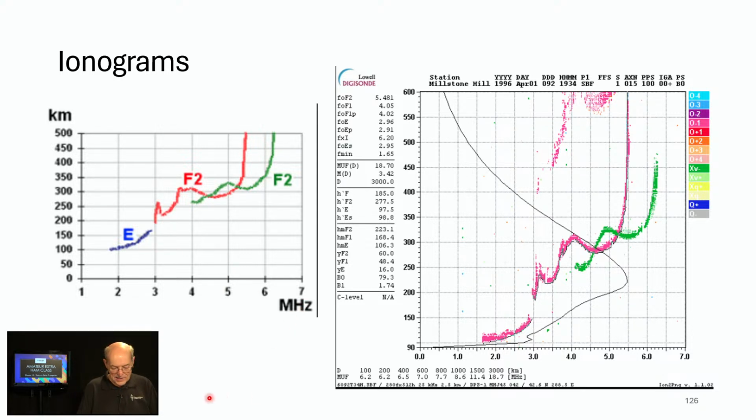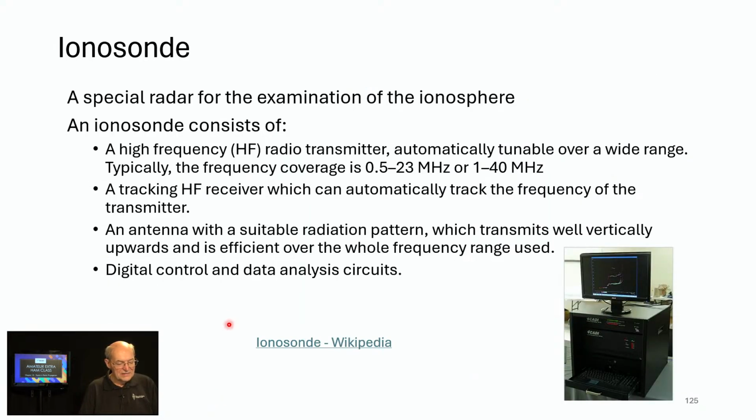So this is how scientists can do that. It's a tracking HF receiver. They shoot different frequencies and move up the RF spectrum and see what comes back. And of course, this wouldn't be legal on the ham bands, but this is how they can do radio science with these tools.